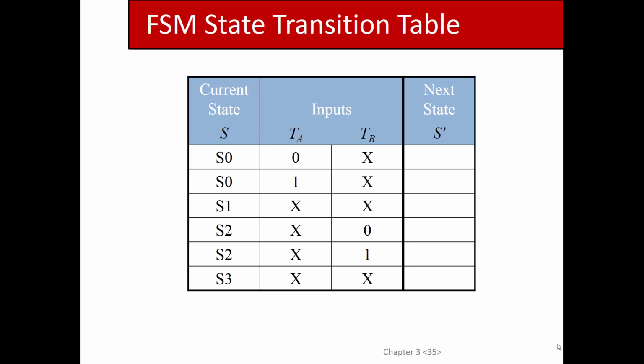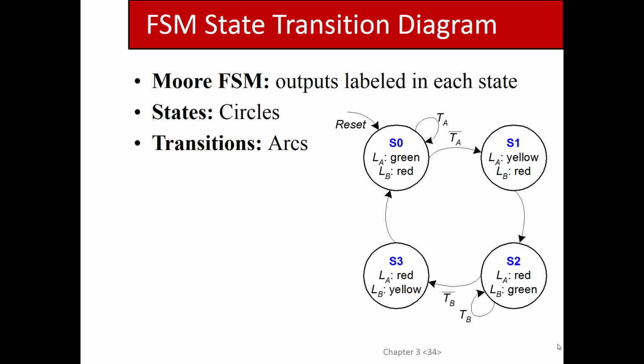Okay, so if my current state is S0, and I remember the reason I wanted to do this is so I can show the state machine here. Right. So if I'm in S0, and let's see, if TA is 1, right, I want to stay in S0.